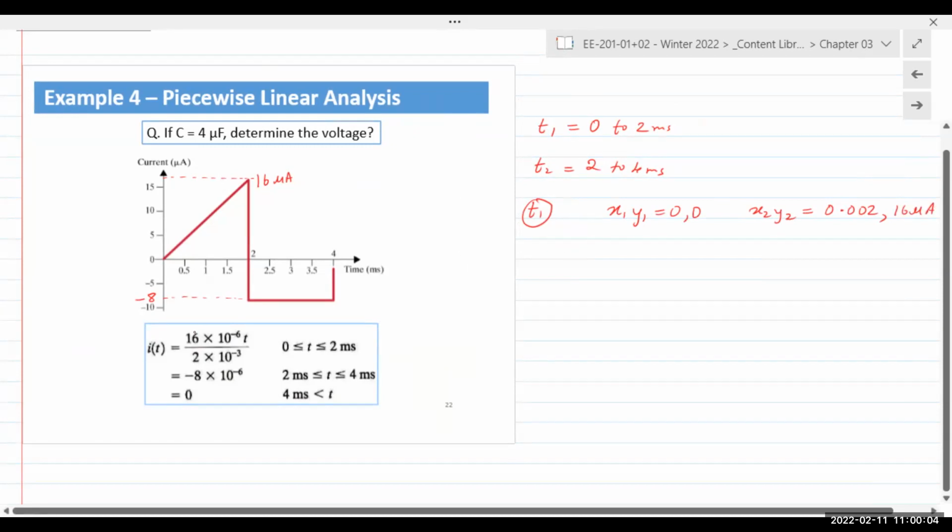And so the slope is simply 16 micro divided by 2 milli, and the x-axis is of course 0. So this is the slope of the line, m1, and m1 times t.